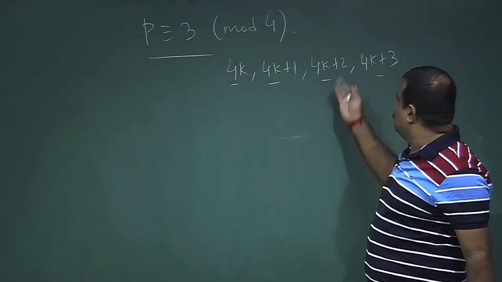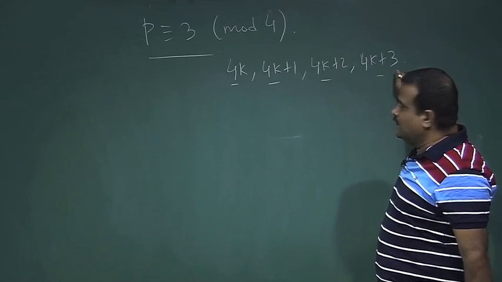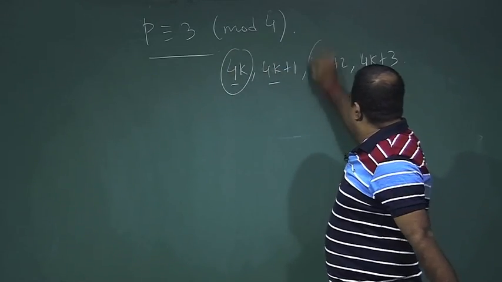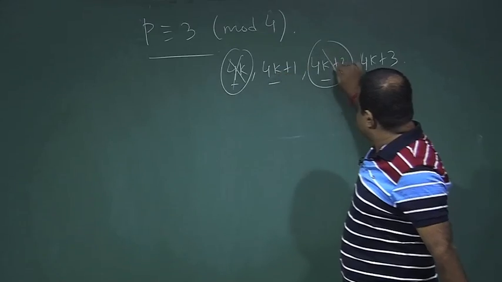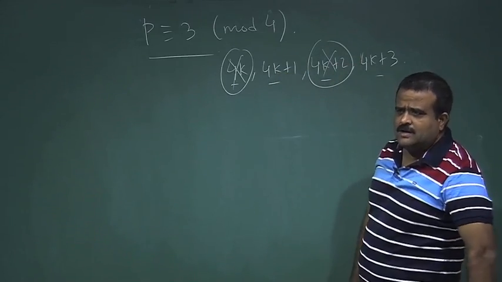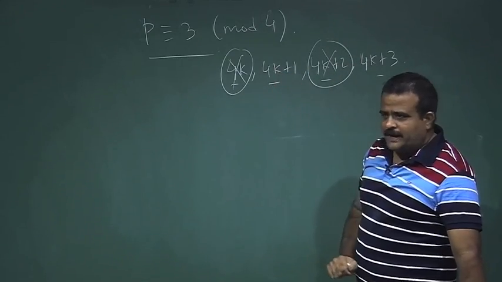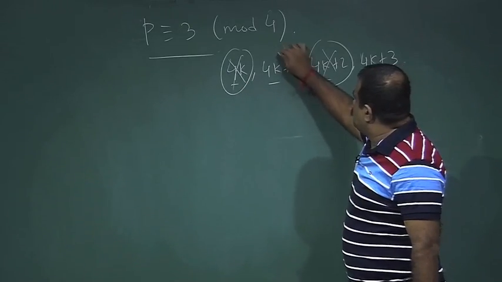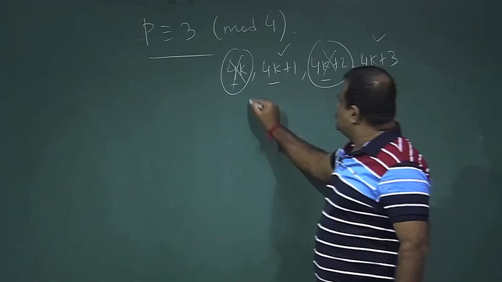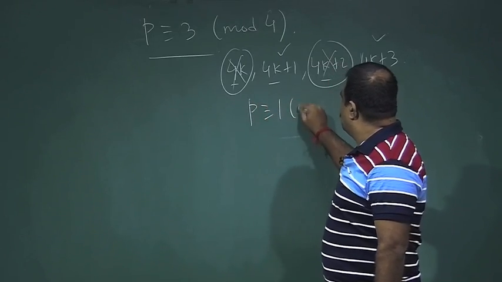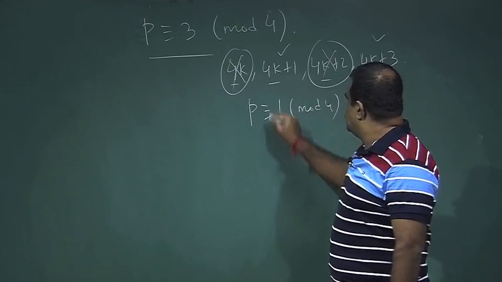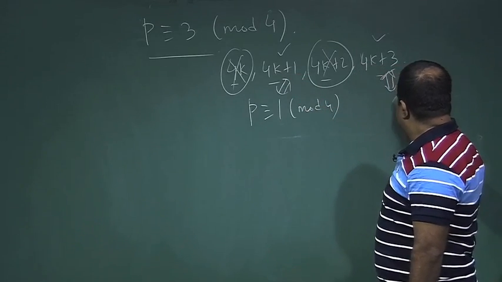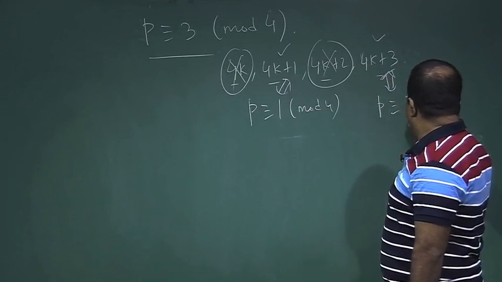Now, p is a prime. So 4k and 4k plus 2 are even numbers and are not prime, so they are automatically cancelled. We cannot choose them. So we have only two options: this means p is congruent to 1 mod 4, and this means p is congruent to 3 mod 4.